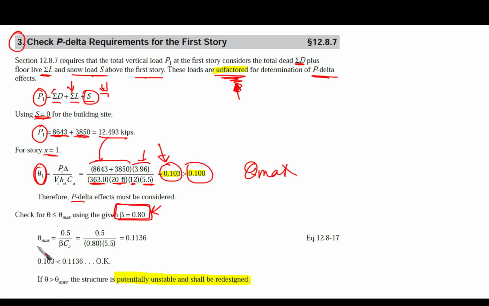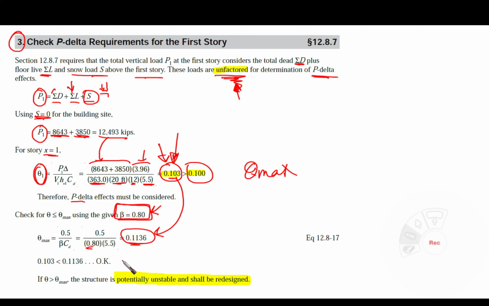So this theta maximum is going to be 0.5 over beta times CD, and beta is 0.8 as you can see here. In this case we are going to obtain 0.1136. Our coefficient theta is 0.103.